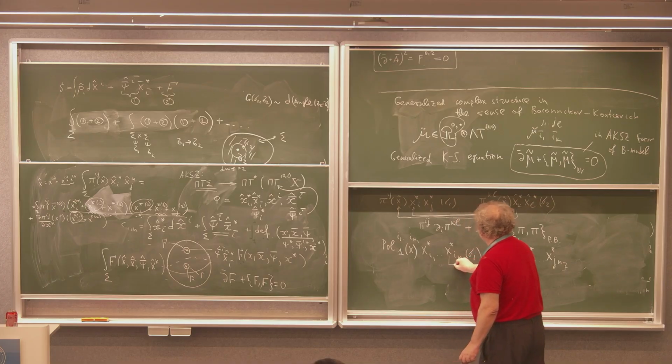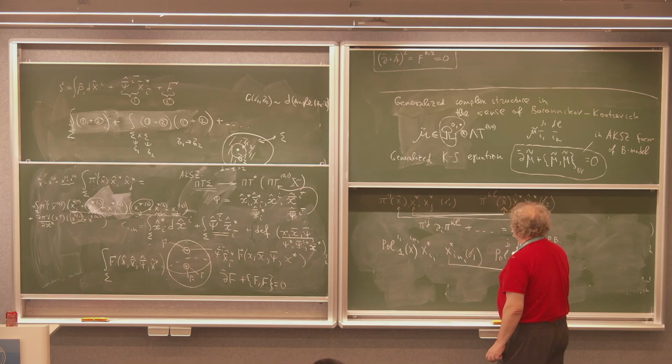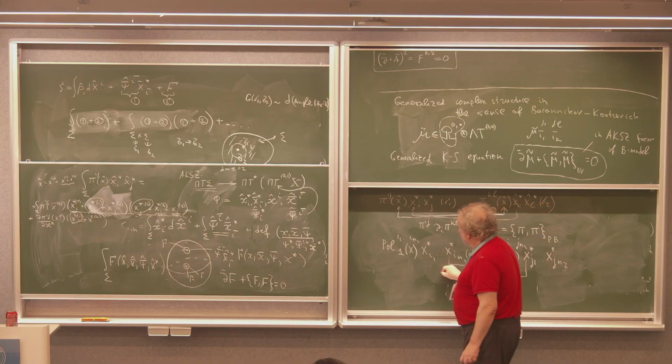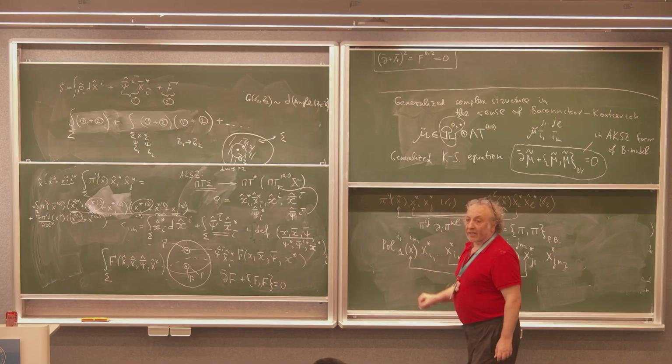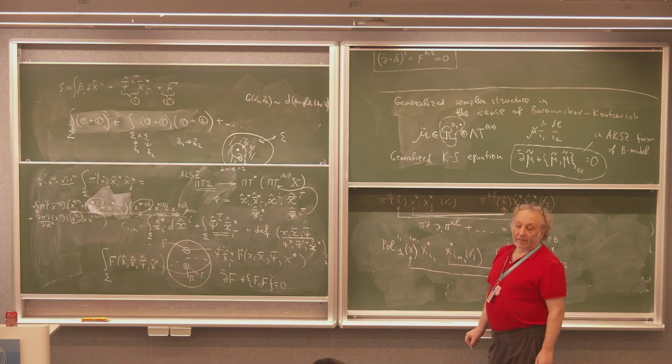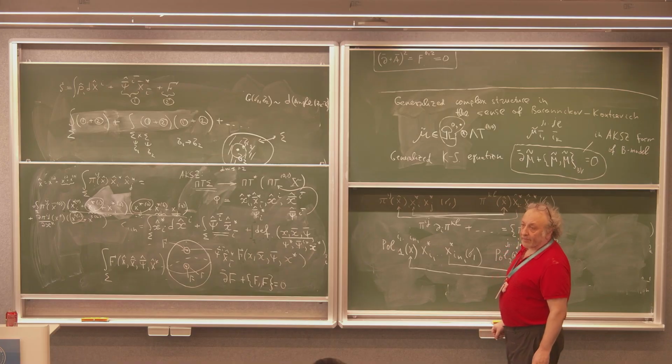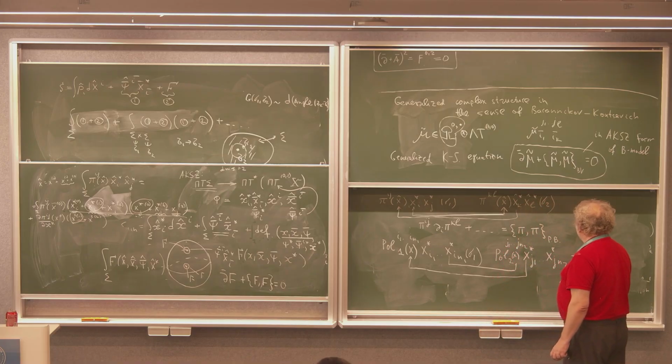Take X star here and contract it with Poly vector 2, or take X star here and contract it with X. Just two types of terms. And these terms go into BV brackets.